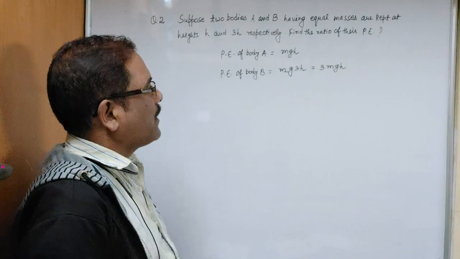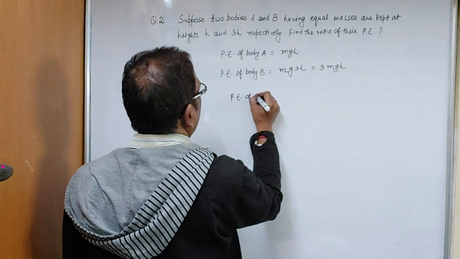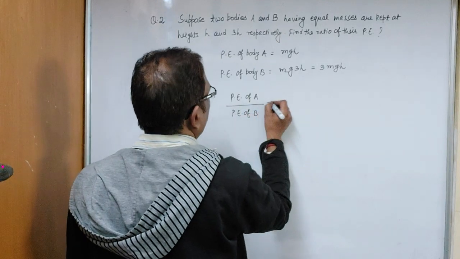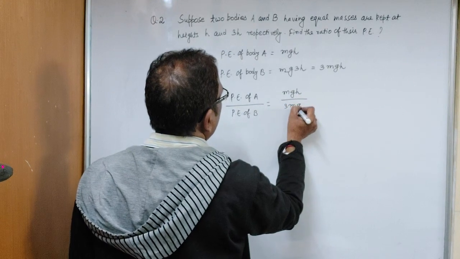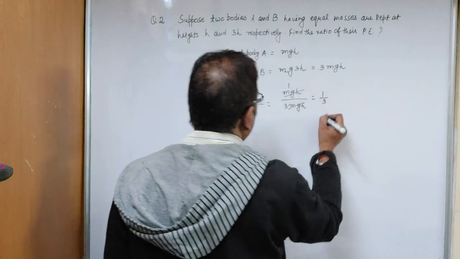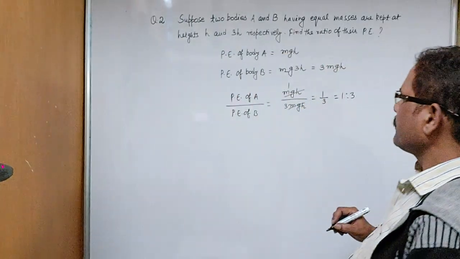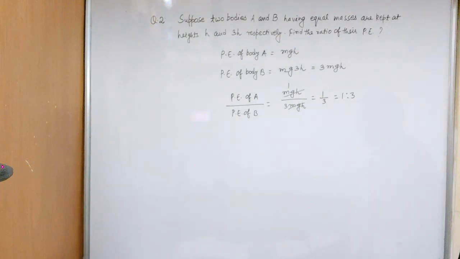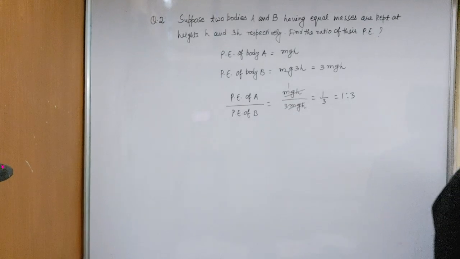Now you have to find the ratio of their potential energy. So potential energy of A divided by potential energy of B. So mgh divided by 3mgh. mgh cancel, so you will get 1 by 3. So this ratio is 1 is to 3. So this type of questions you can also get, children. Write it in your classwork copy.